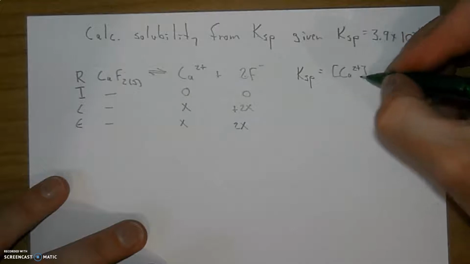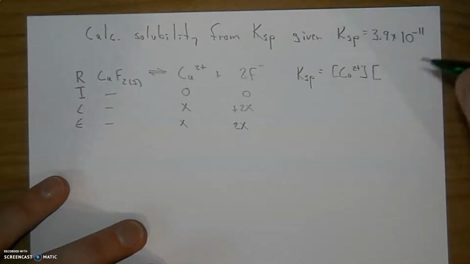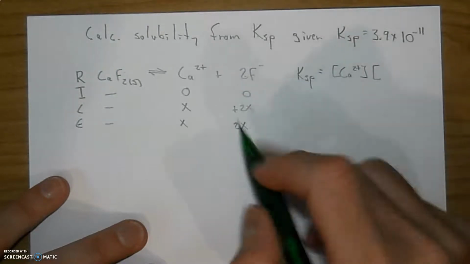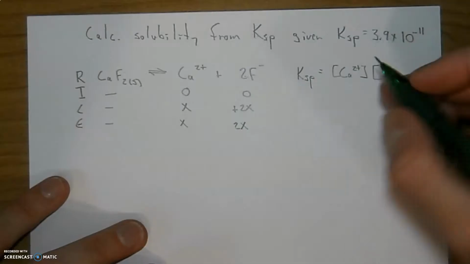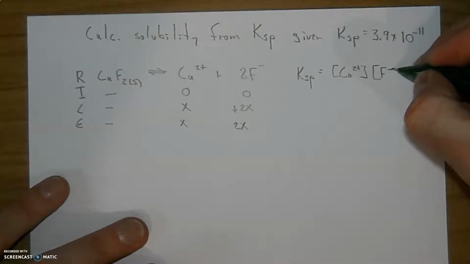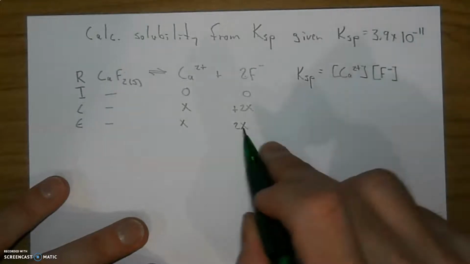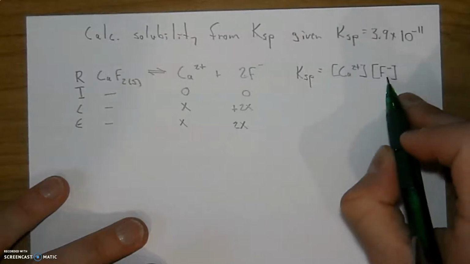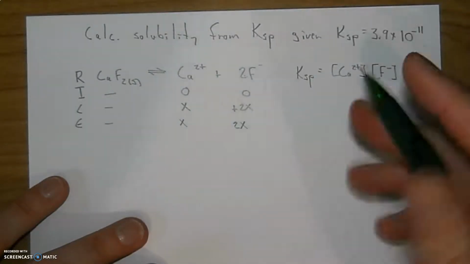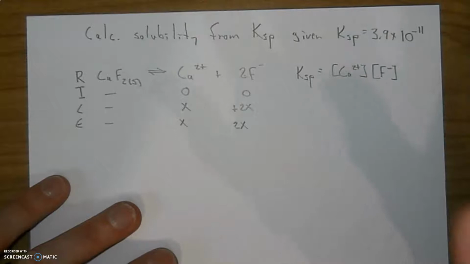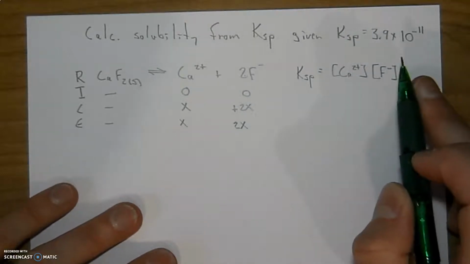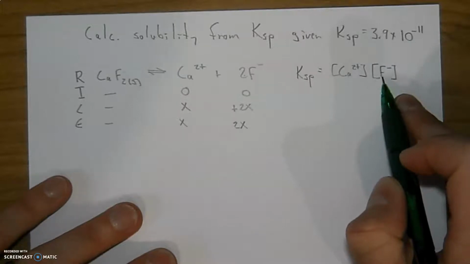Now this is important. When you're putting this part in here, don't put the 2 in here. Do not put 2F in here. It's just the fluoride concentration, period. The numbers will come in a second, but it's always based on the calcium concentration and the fluoride ion concentration.